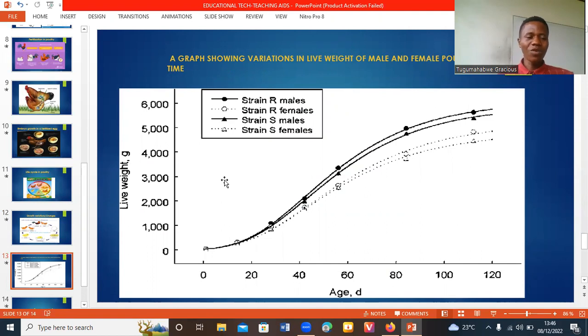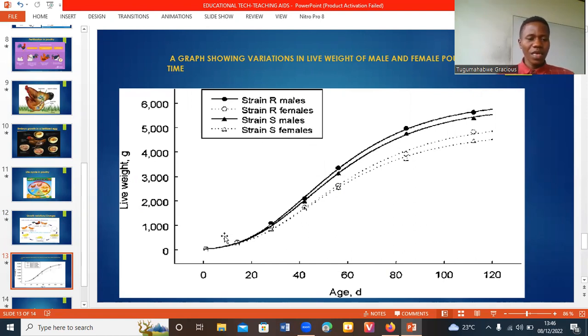So for a student to understand how the male and female weight varies, it is shown in this graph. I can use that graph to explain to them how there is a difference in weight between the two.